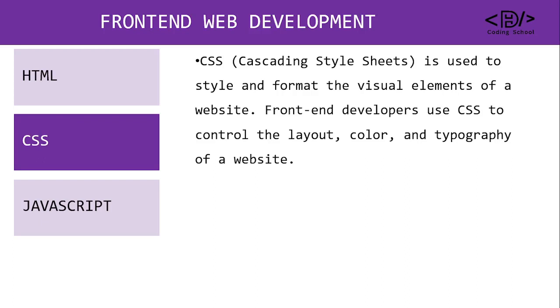For instance, you might have a paragraph or a heading, but that heading being blue or red is powered by CSS. CSS helps us style the layout of the website. Front-end developers use CSS to control the layout, color, typography, and many other things on the website.